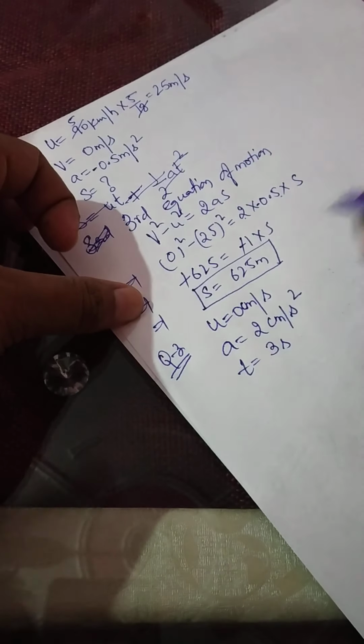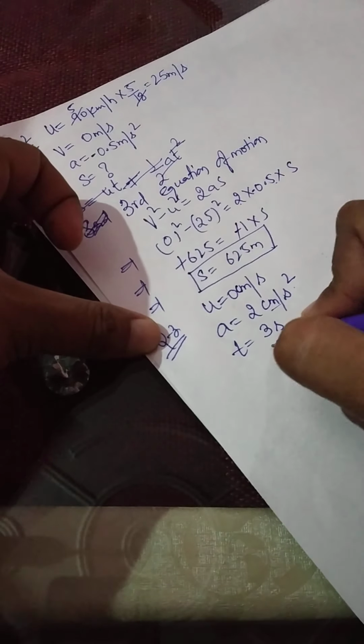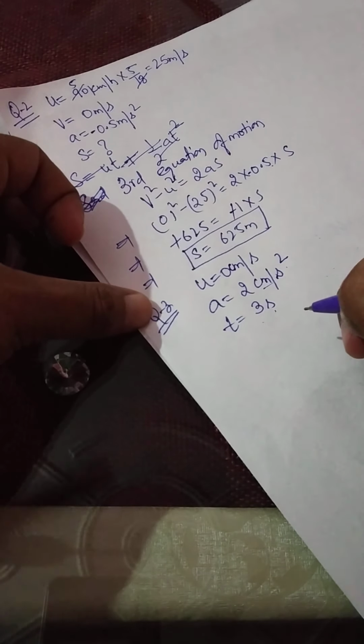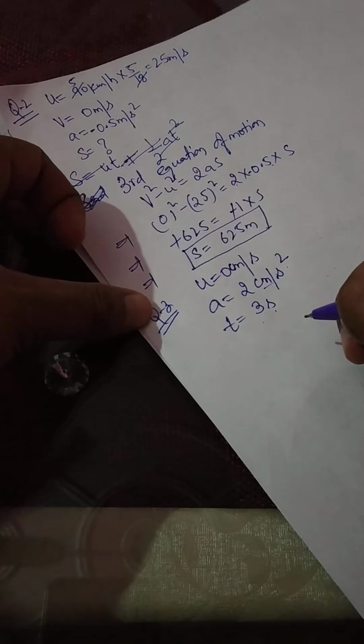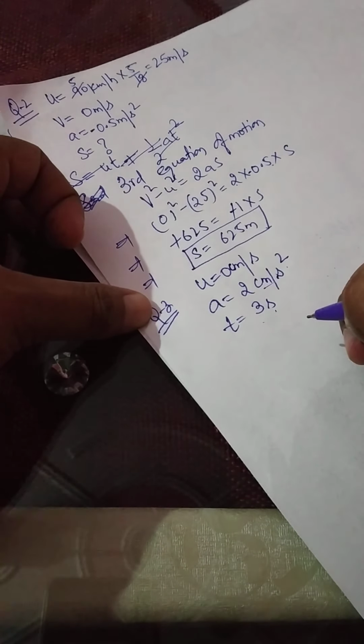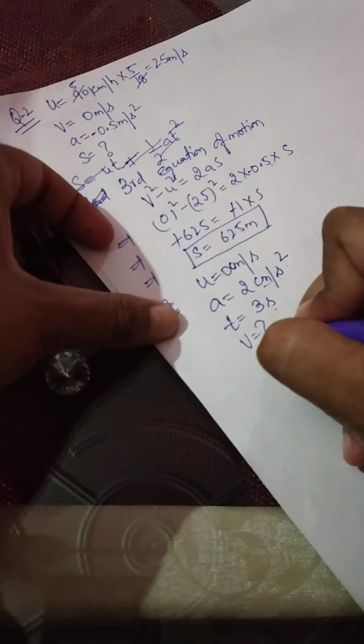So initial velocity we can take as 0 centimeters per second. Acceleration is in centimeters per second square. Time is 3 seconds. We have to find out its velocity 3 seconds after the start. That is, we have to find out the final velocity.